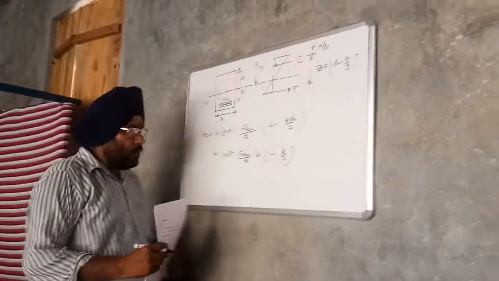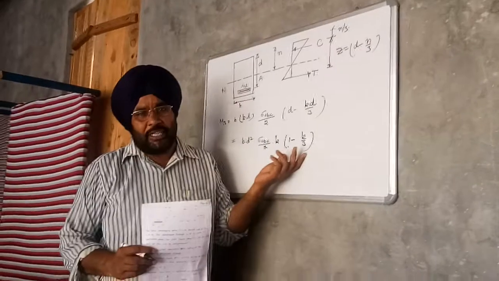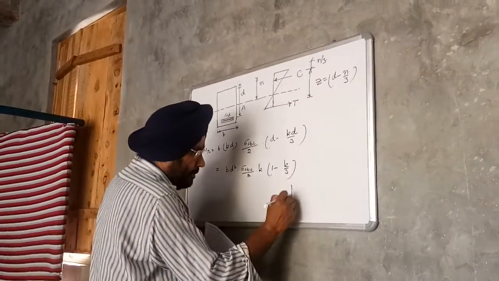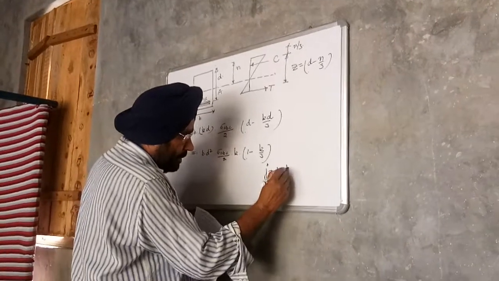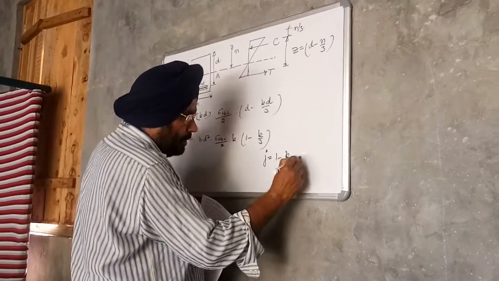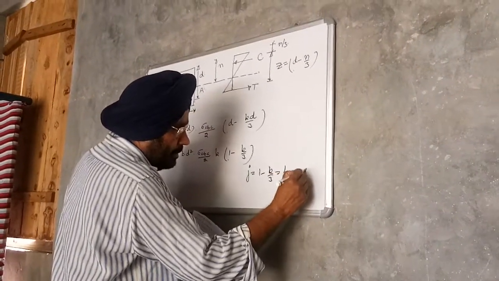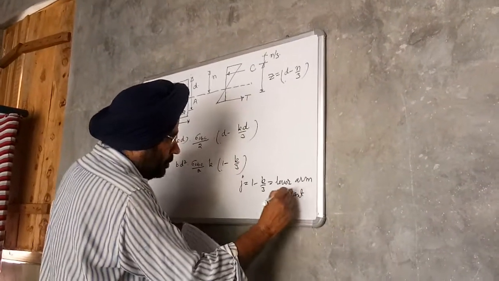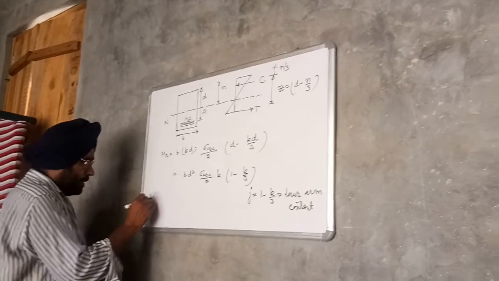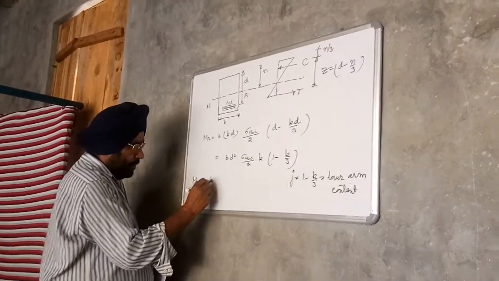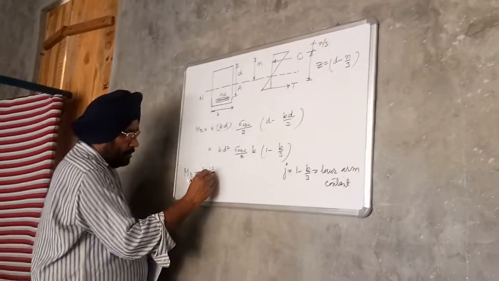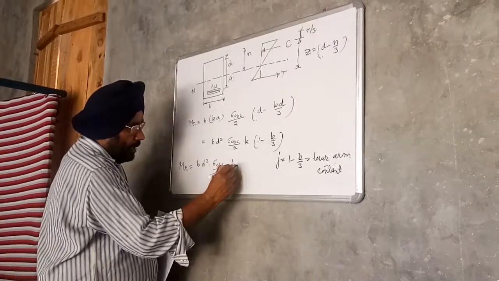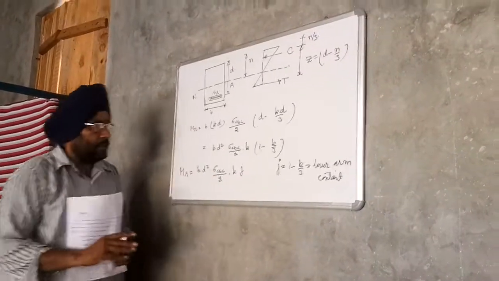So 1 minus k by 3 is equal to j, that is the lever arm constant. So it means moment of resistance becomes b d square into sigma cbc by 2 into k into j.